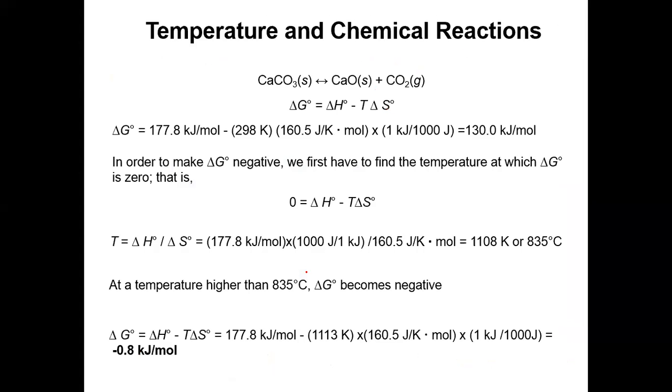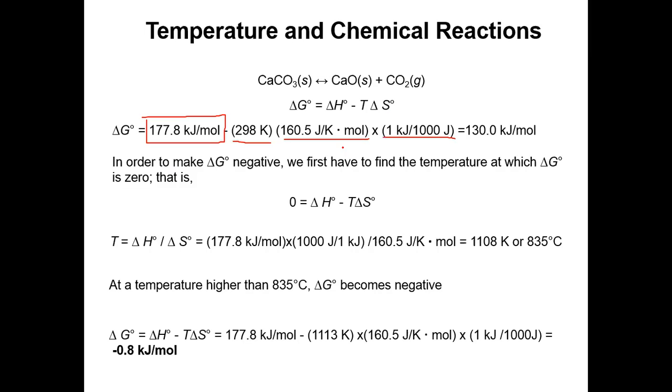Okay, now let's look at a real example. What we can do with these calculations and delta G, delta S, delta H. So how can we use all this information? For example, if we have the amount of delta H, this is the temperature in Kelvins, this is entropy, and this is the conversion factor.